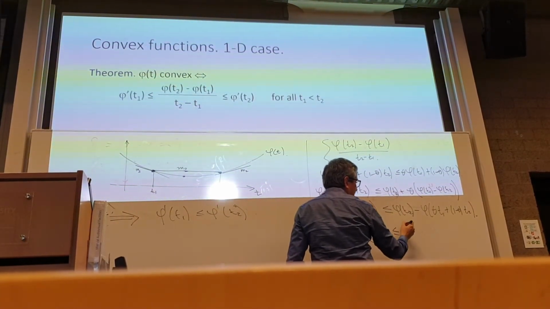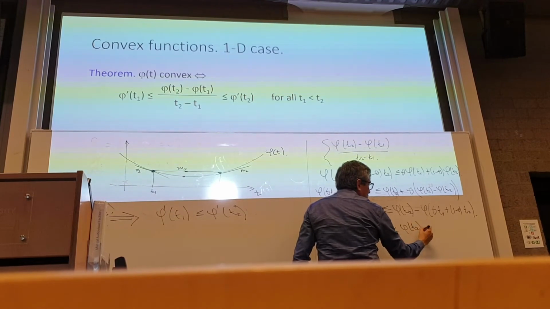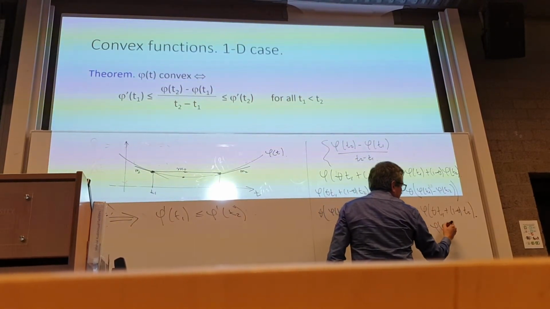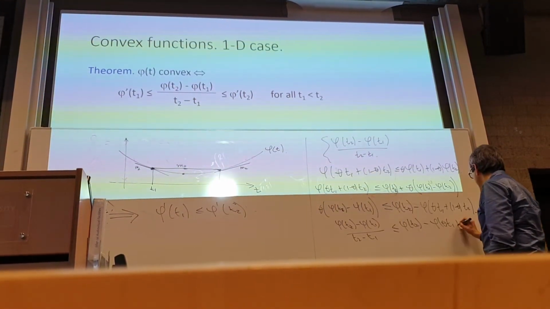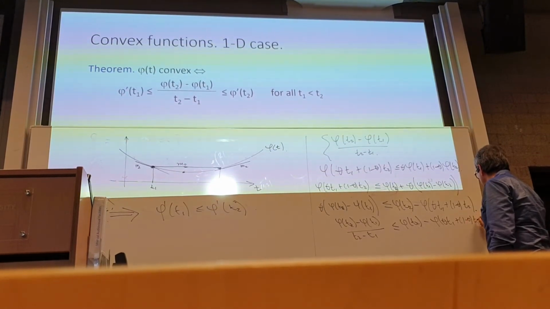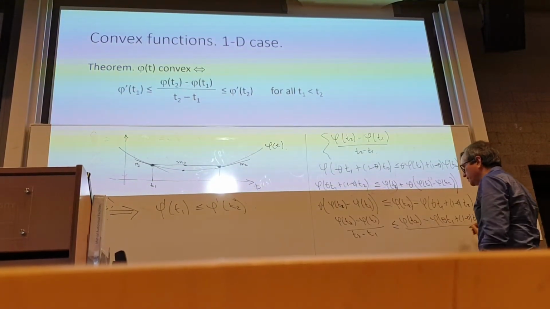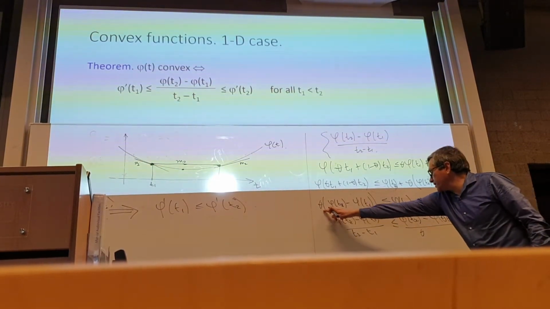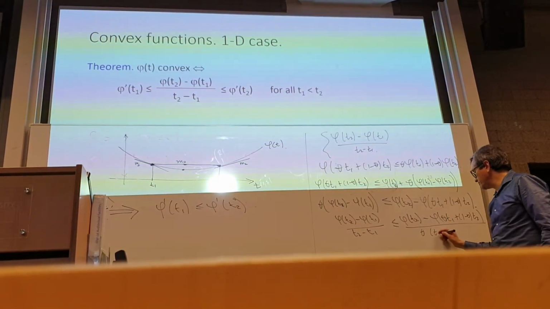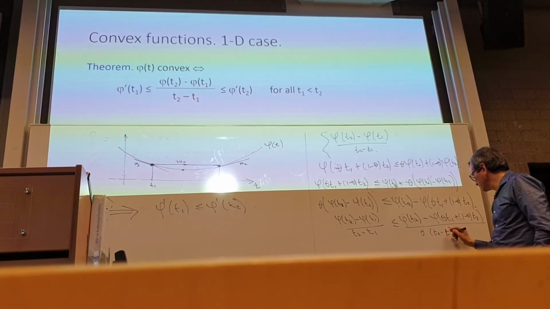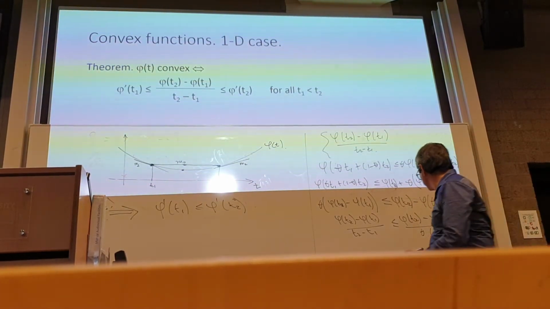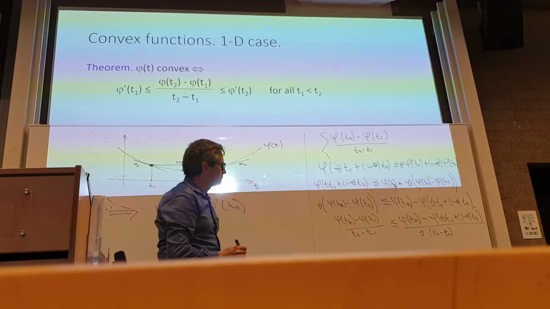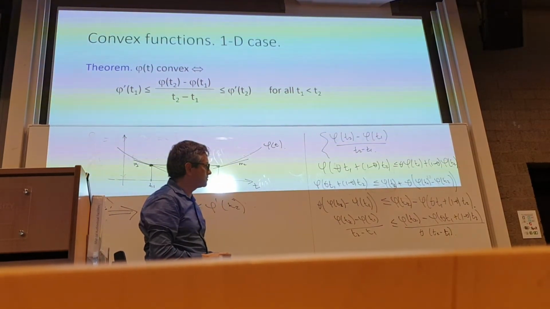Less or equal than phi T2 minus phi of theta T1 plus 1 minus theta T2, divided by theta because of this theta here, and by T2 minus T1. Okay? So far so good.